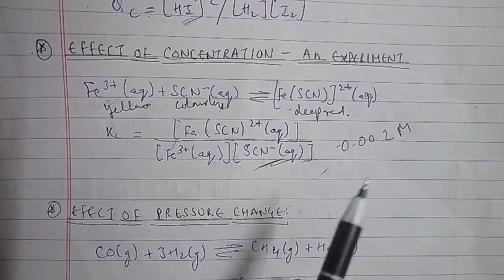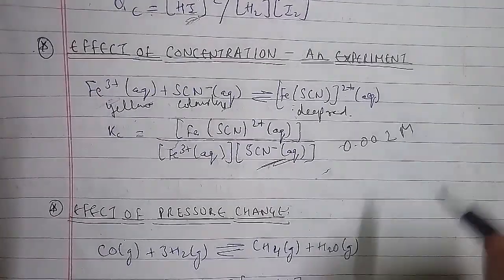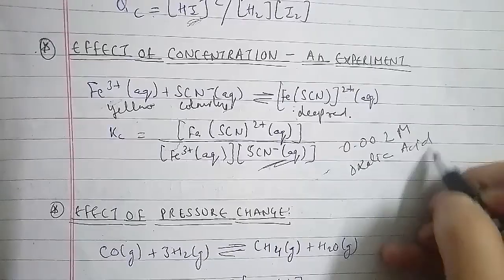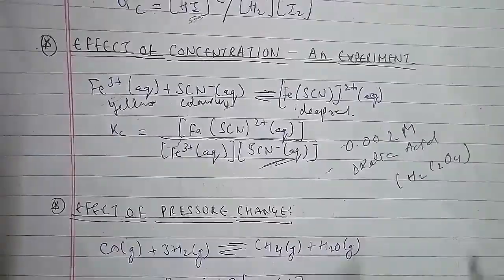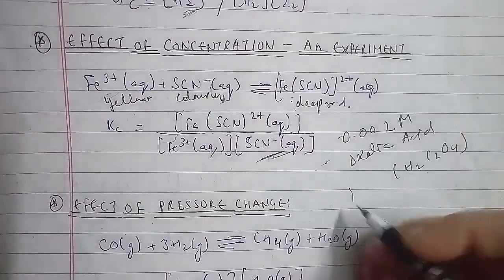In accordance with Le Chatelier's principle, the stress of removed Fe3+ is relieved by the dissociation of FeSCN2+ to replenish the Fe3+ ions, and because the concentration of FeSCN2+ decreases, the intensity of the red color decreases.